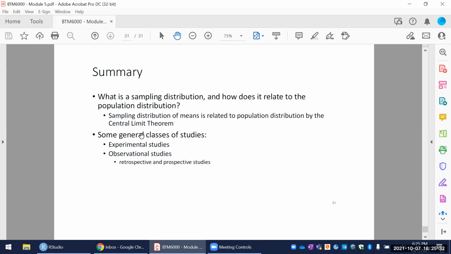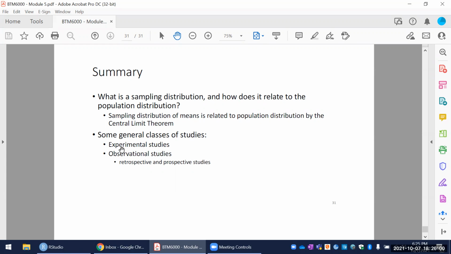The standard error of the mean, the variability of these means, relates to the population variability sigma by the square root of the n. And thirdly, the larger the n of your sample is, the more normal your distribution will become. And these are the important three mainstays and bullet points of the central limit theorem.